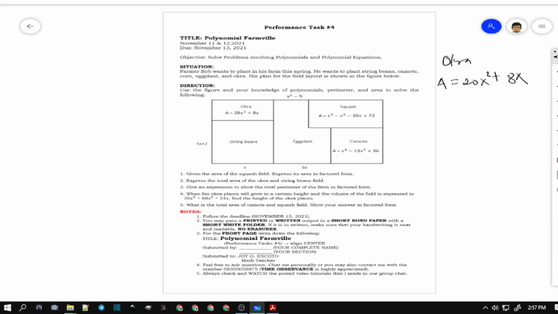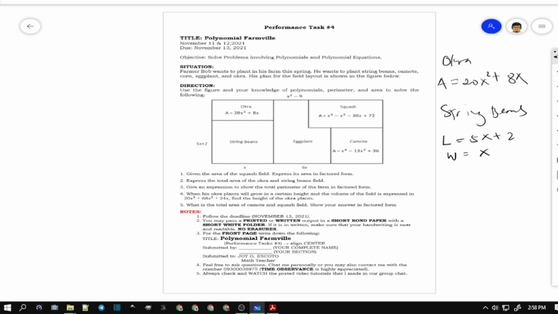For the string beans, one of its sides is 5x plus 2, and the width is x.